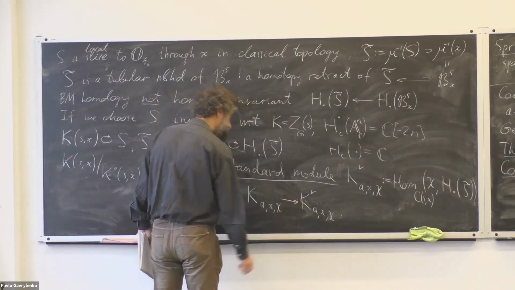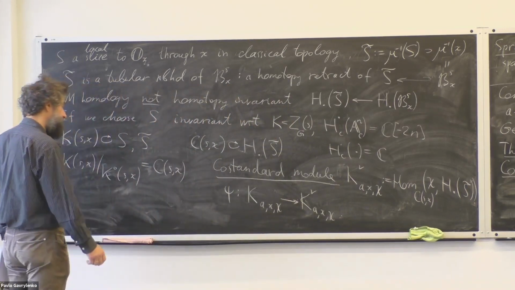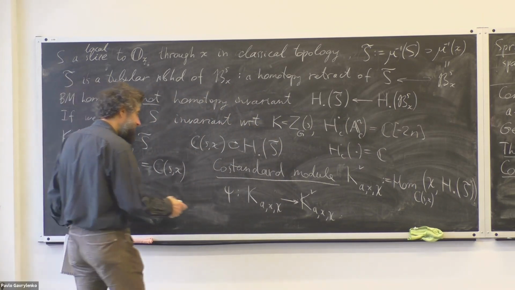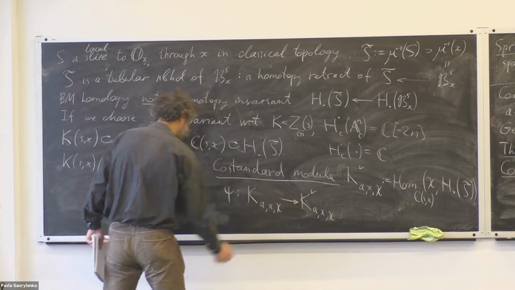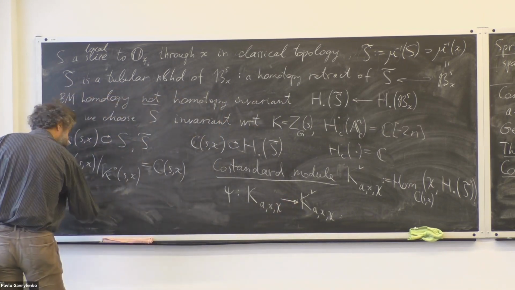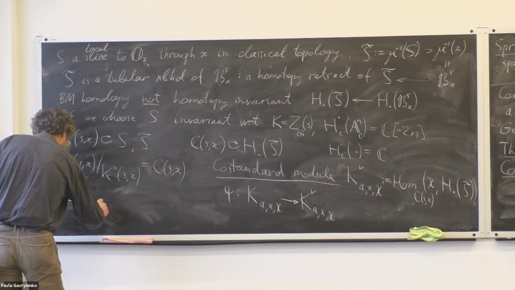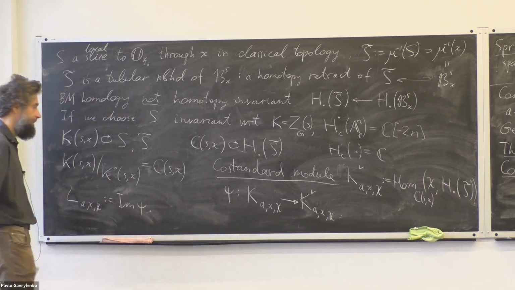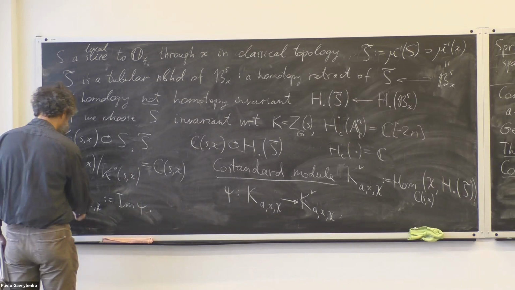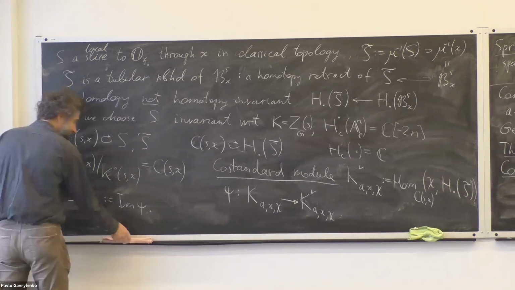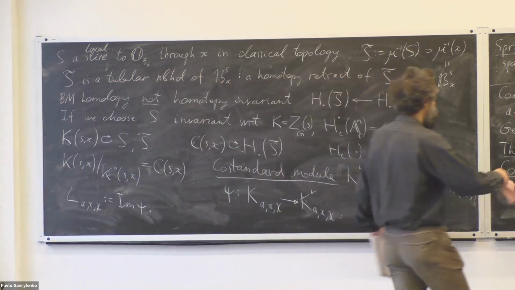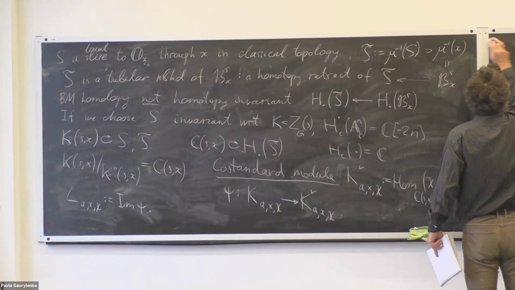Okay, now we will have also nameless module L, that is the image. Okay, but secretly this L will be an irreducible representation, and this is the content of the next main theorem.